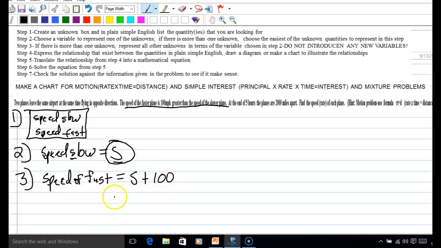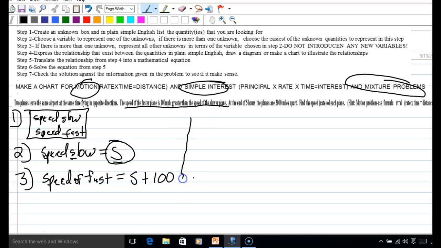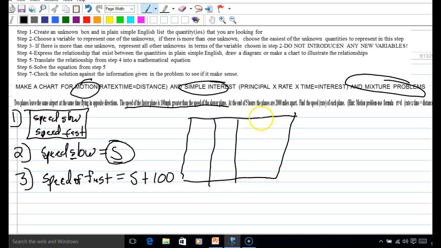Now, anytime you have a motion problem, a simple interest problem, or a mixture problem, what you need to do is make a chart. So I'm going to make a chart here to help me better understand and decipher this problem.